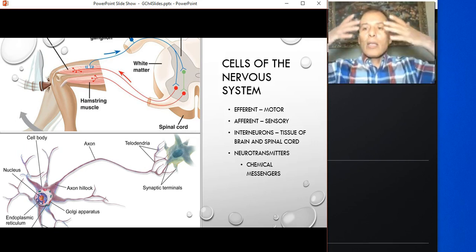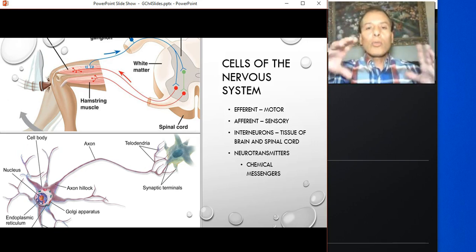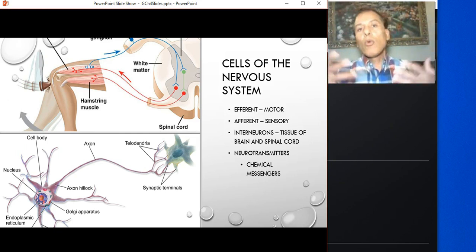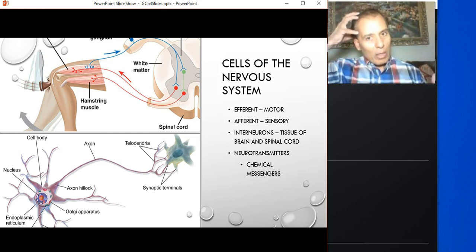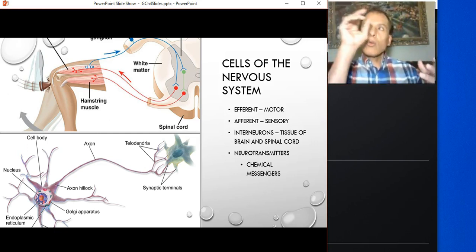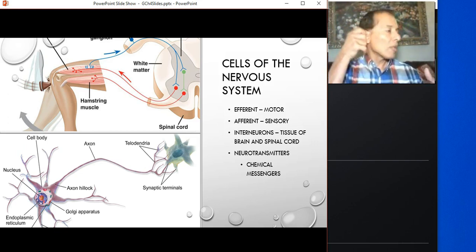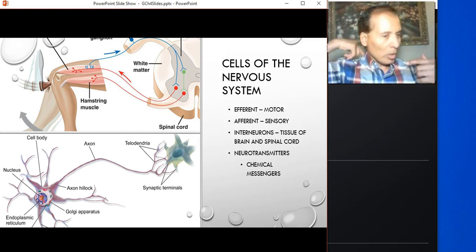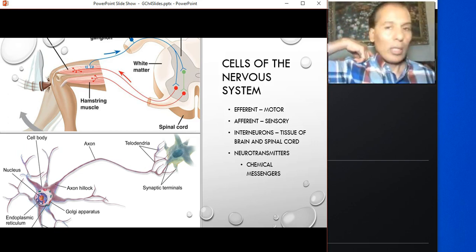Basically, you can think of the body as a robot, and you want to make this robot move and talk and do things. So you build the hard drive here, and out of that hard drive, you get all these wires and cables, bundle them down, and send them down into what is similar to the spinal cord.